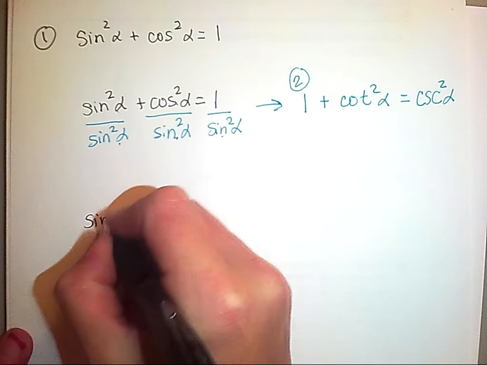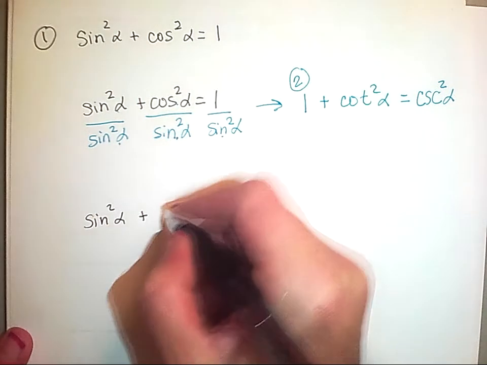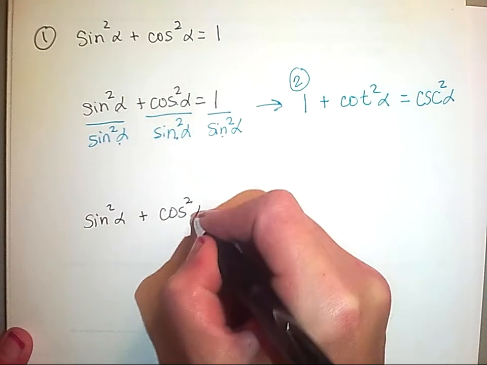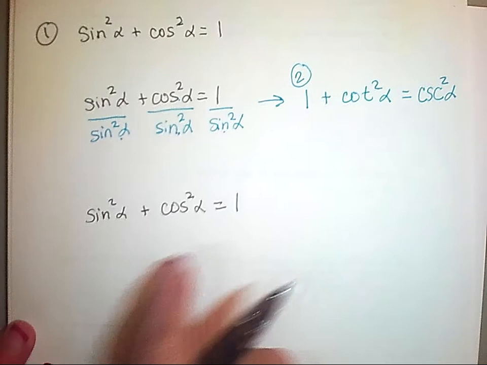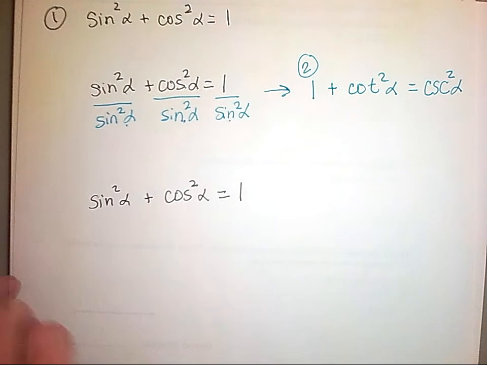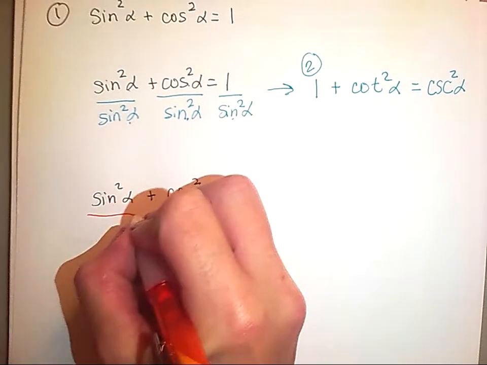Alternatively, though, we could also divide through our Pythagorean identity, instead of by sine squared, by cosine squared.